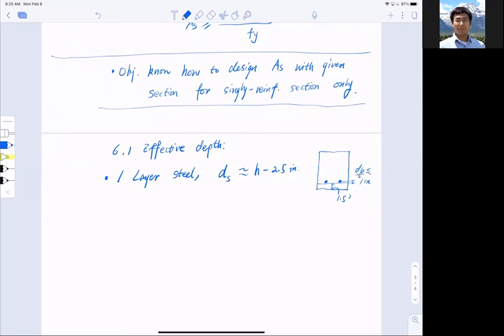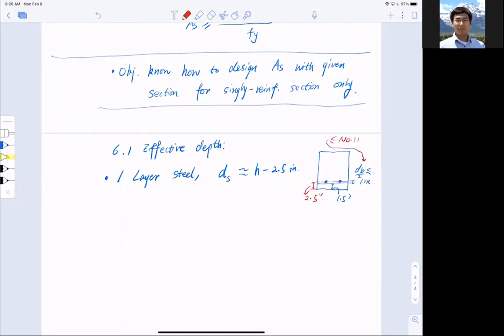Half of db is smaller or equal to 1 inch. So that's where we estimate for one layer of bars, this is roughly about 2.5 inch. So db divided by 2 less than 1 inch, right? So we're talking about any bars that are number 11 or smaller, right? Number 11 or smaller can have a 2.5 inch.